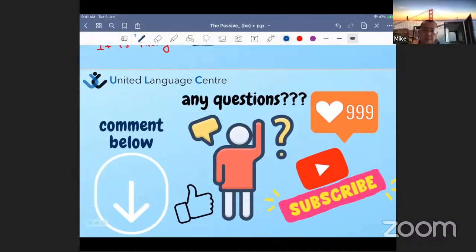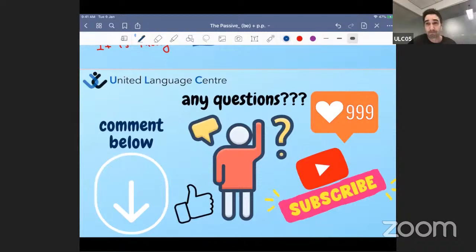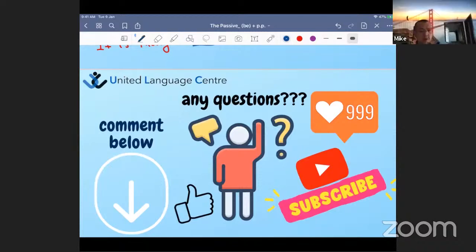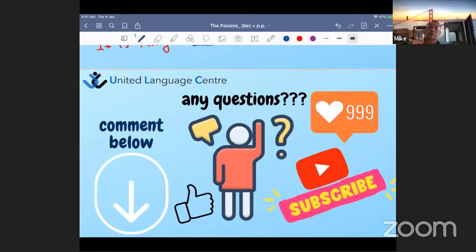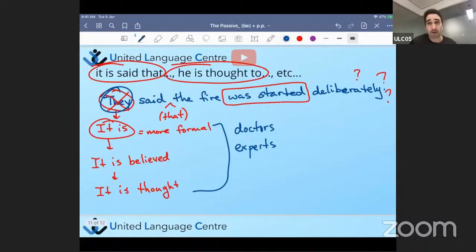So, any questions? Difficult? Easy? In the middle, in between. Difficult. Yeah, it's something that native speakers, we don't talk like this. We don't use this all the time. I would never go out with my friends having a beer and say, oh, it is said that this beer was made in Japan.